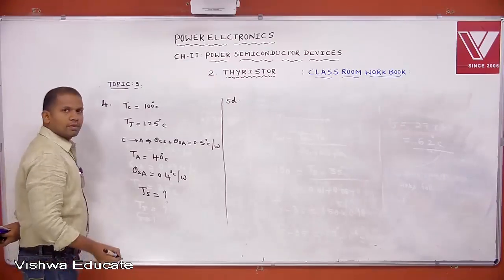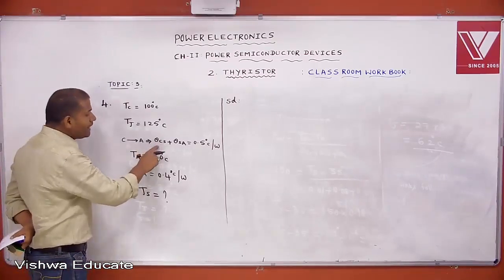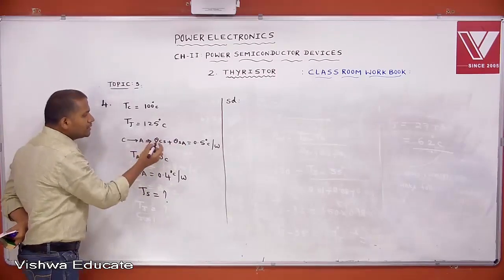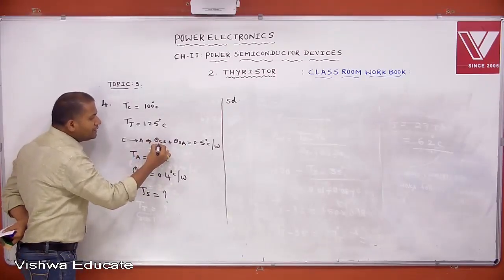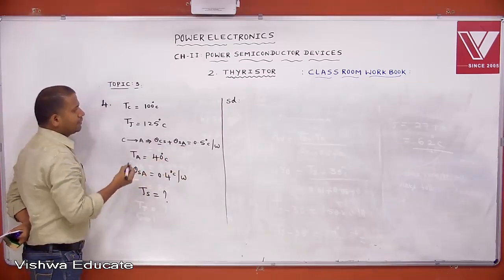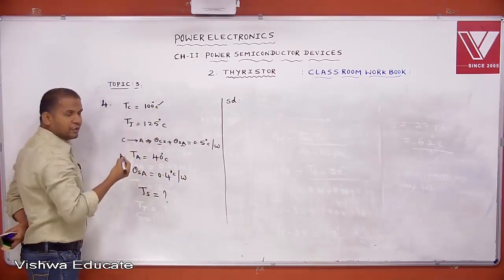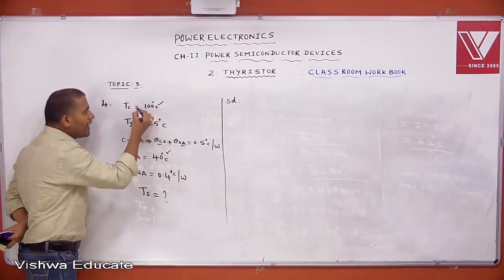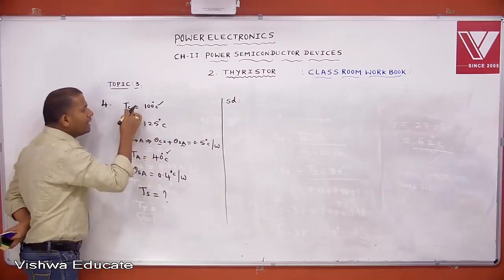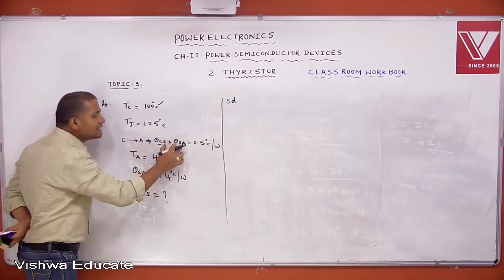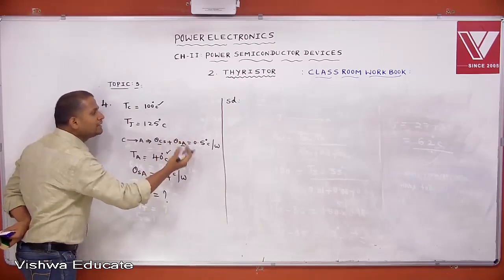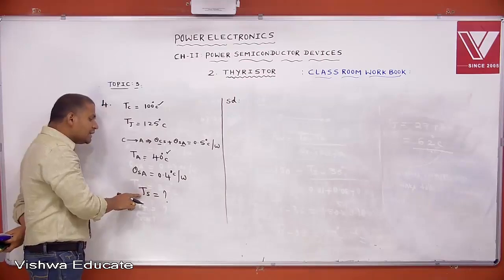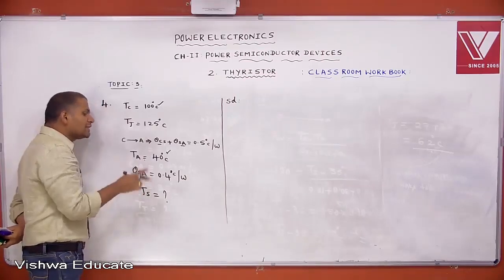Listen. Casing to sink and sink to ambient means first I want to define casing to ambient. Casing temperature you know, ambient temperature you know, temperatures you know, resistances you know, so first you calculate thermal power. If you want to calculate sink temperature, first you need the thermal power.